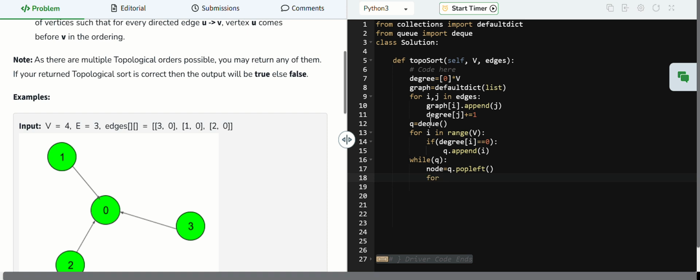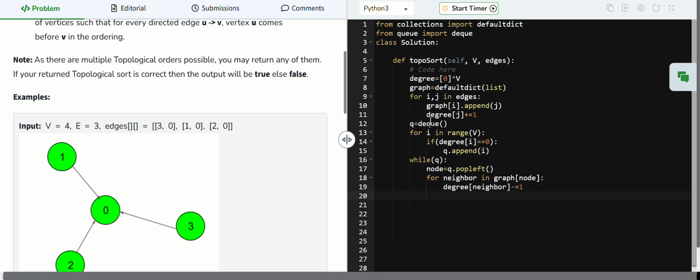And for neighbor in graph[node], I first have to decrement the degree of the neighbor by one, and then I will check if the degree of the neighbor equals 0.